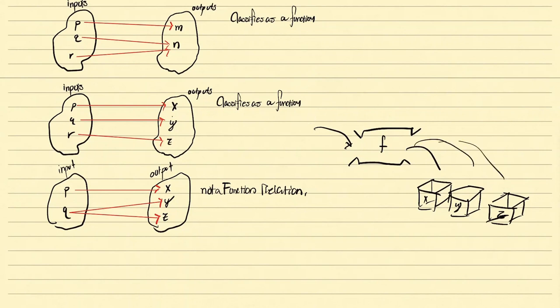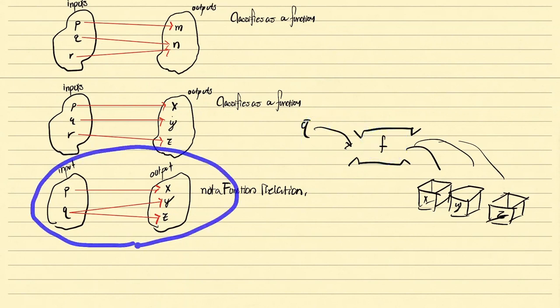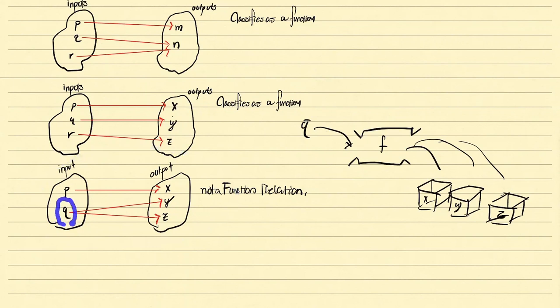But say I input Q into this function. It gets transformed by the function. But now, since this relationship says, oh, Q should become Y, so should I put it in the Y bin? Well, that's a problem because Q also says that it should be Z. So it should also be in the Z bin. It can't go to both bins. It has to go to just one bin.